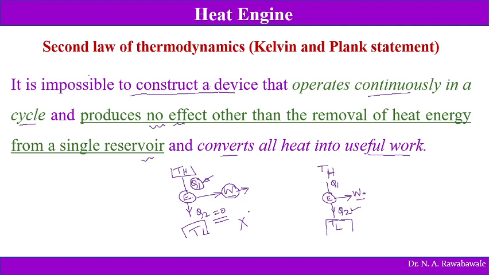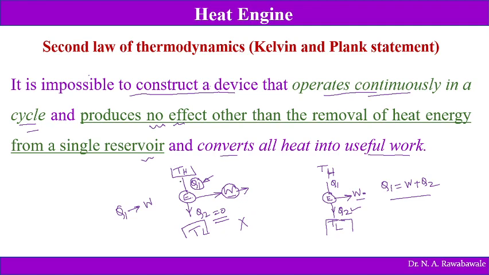That is, 100% of the heat energy Q1 which is absorbed cannot be converted into work, but it is possible that Q1 amount of heat energy is absorbed and converted into work and some part of the heat energy is rejected. So he says it is impossible to construct a device that operates continuously in a cycle and produces no effect other than removal of heat energy from a single reservoir and converts all heat into useful work.